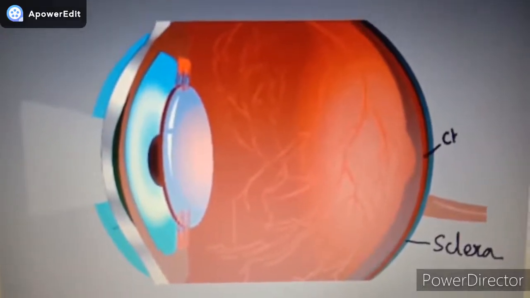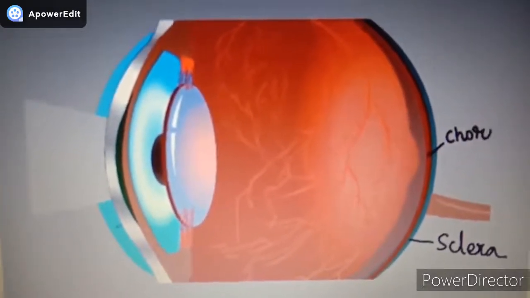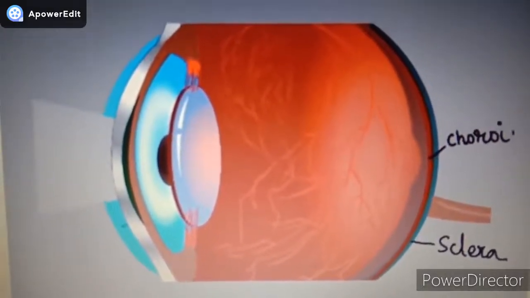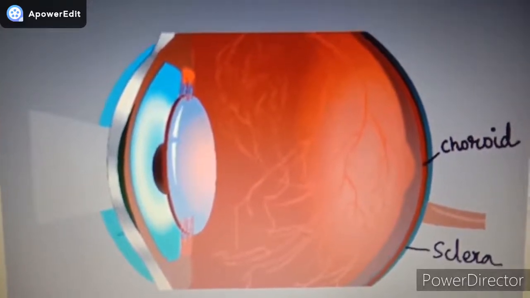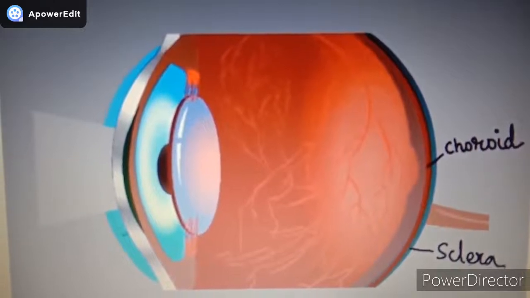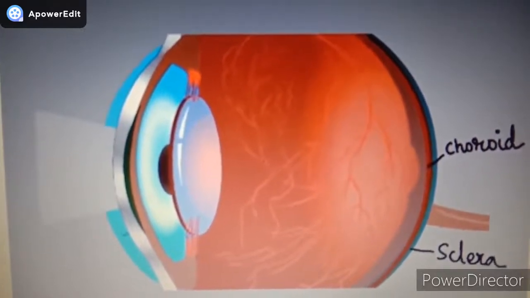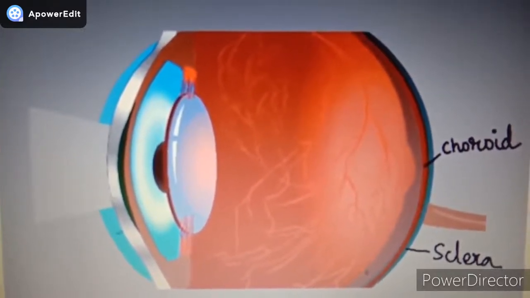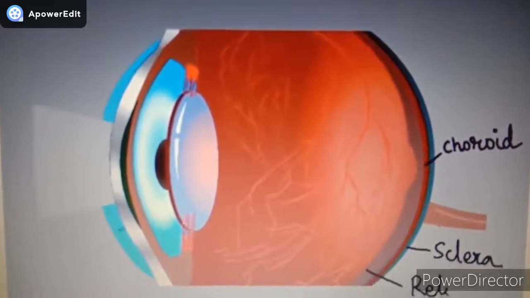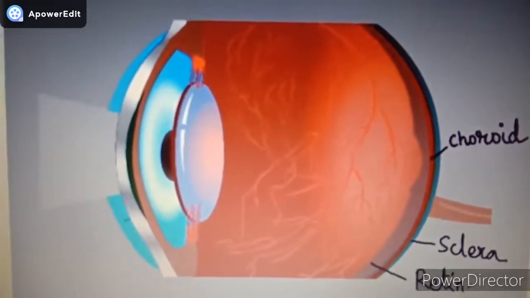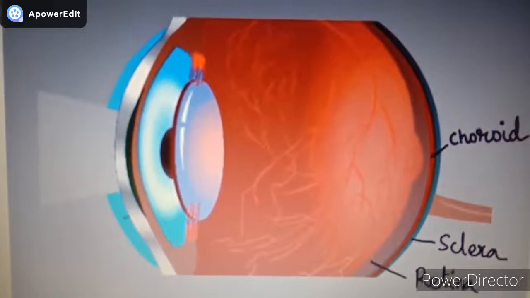You can see in the diagram, the middle vascular layer, the choroid, and the inner photographic layer where the image is formed is known as the retina. Here you can see the retina where the actual image is formed.